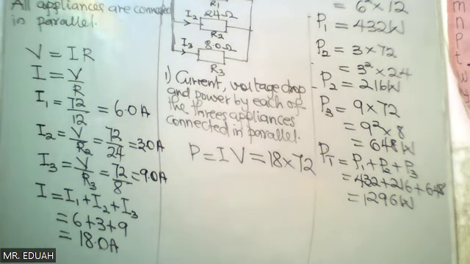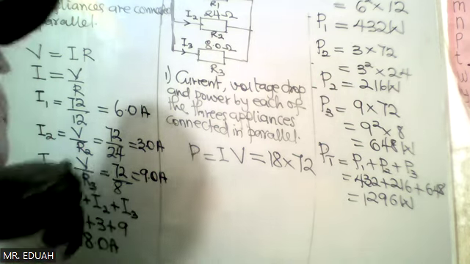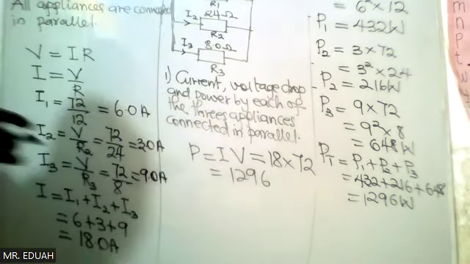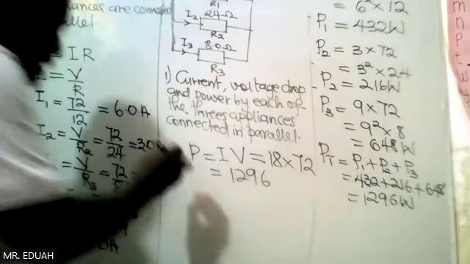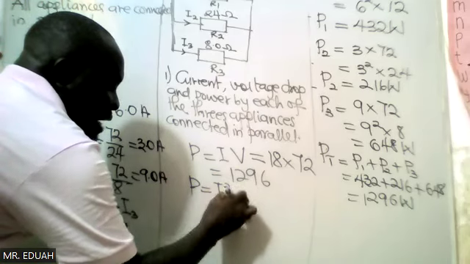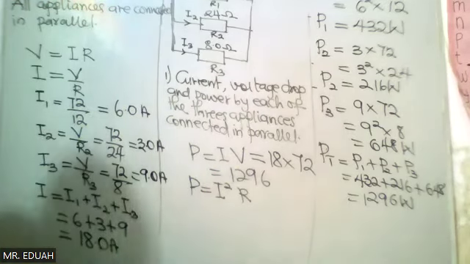Multiply 18 by 72. So it is also giving me the same results. 1296.